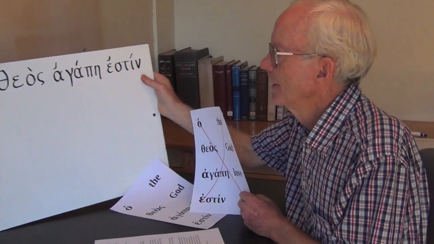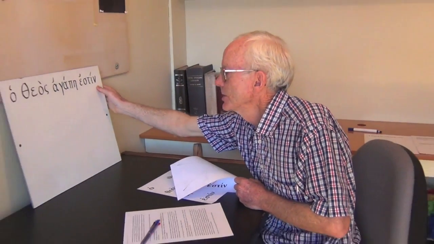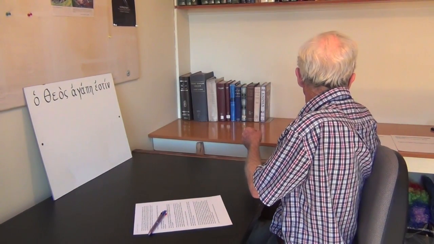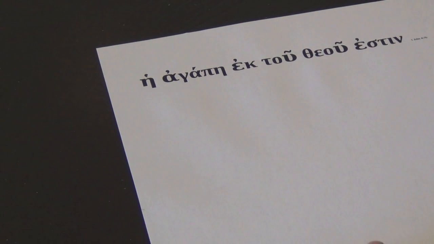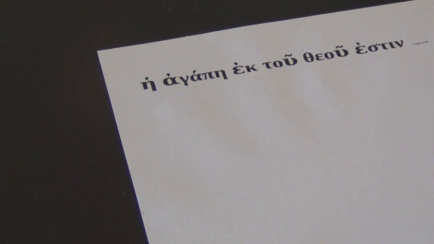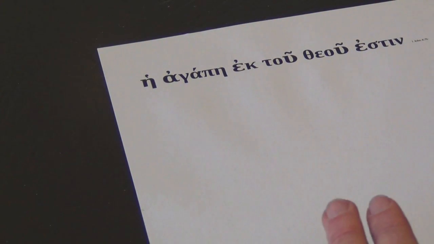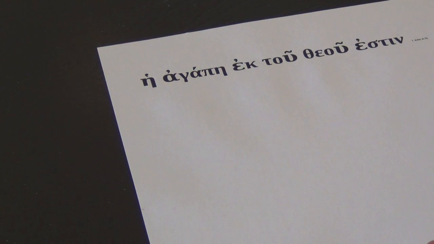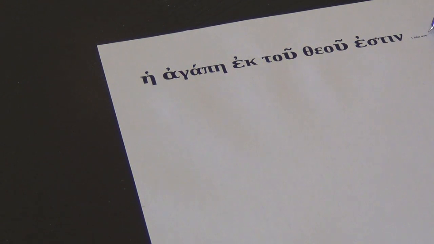Okay, so now we'll look at the worksheet for this week's lesson. So this is the small passage for our lesson 2 today. And this also comes from 1 John chapter 4, verse 7b, the second part of verse 7.